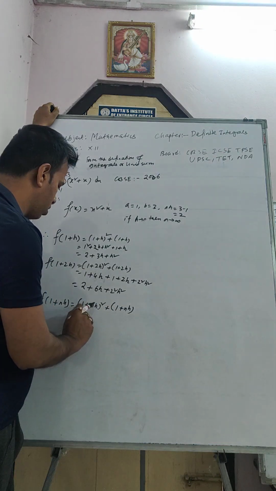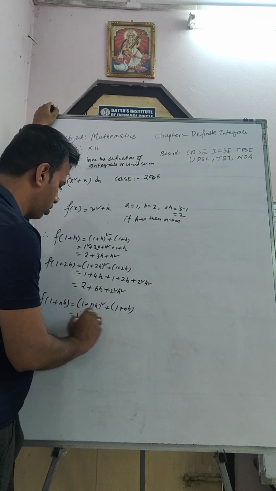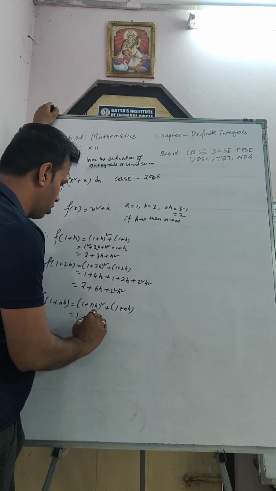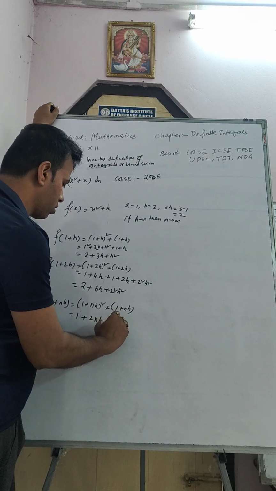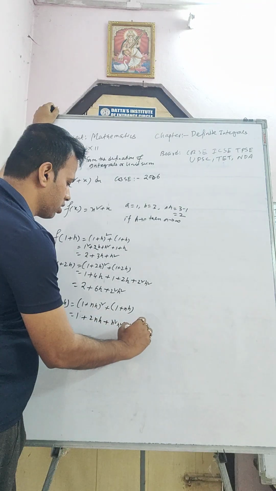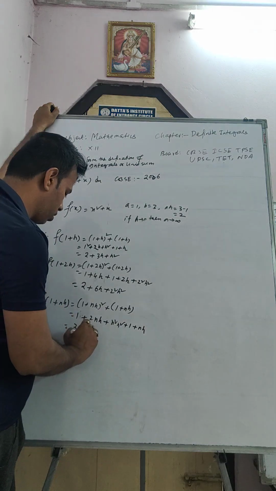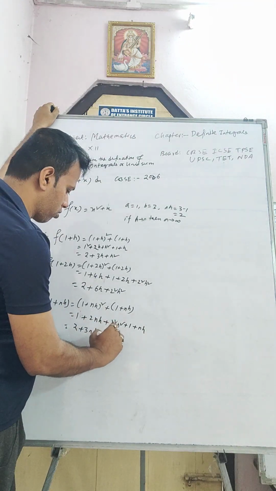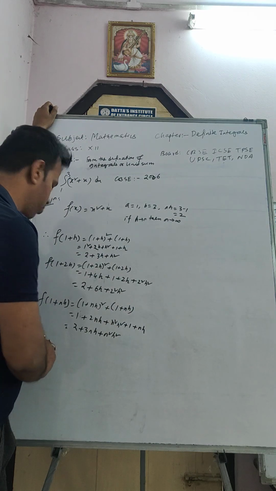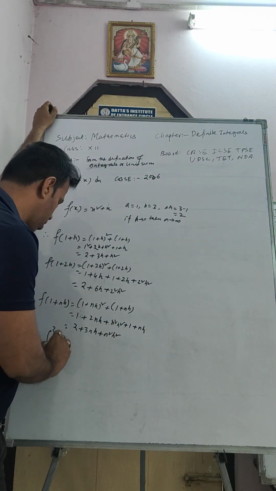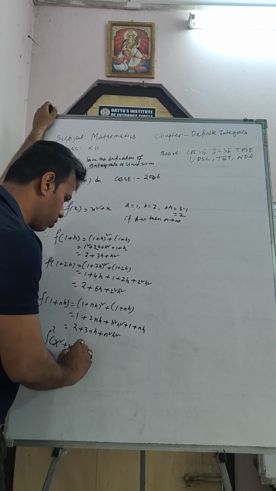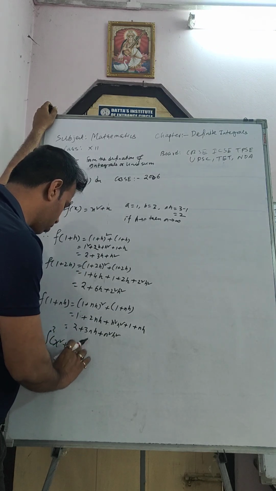That is 2 plus 3nh plus n square h square. Okay, so from the definition of limit we can write integration 1 to 3 of x square plus x is equal to what?